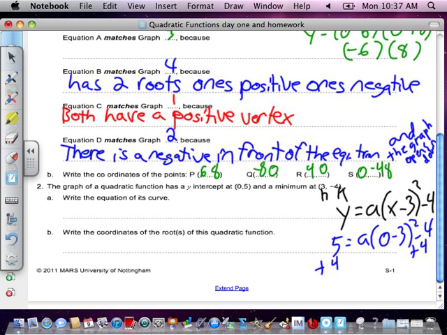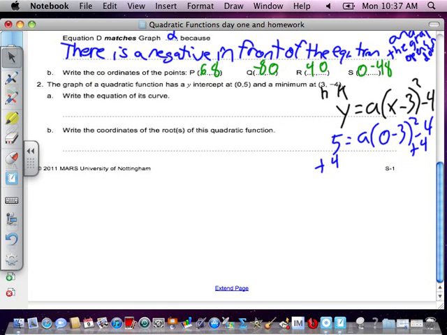So I'm going to get 9 equals A times (0 minus 3) squared. What's 0 minus 3? Just say it. Negative 3. What do I do now, AJ? Square root it. Nope. You do the squared.